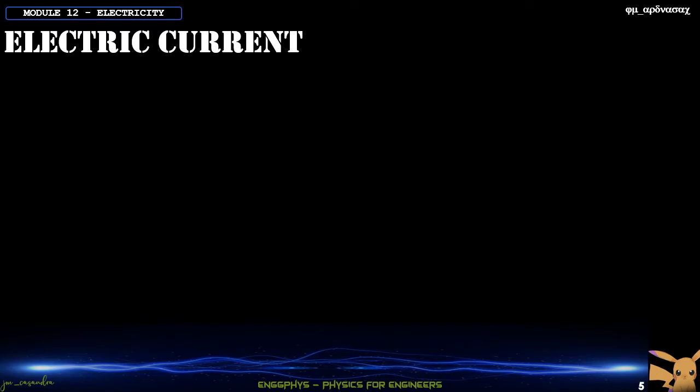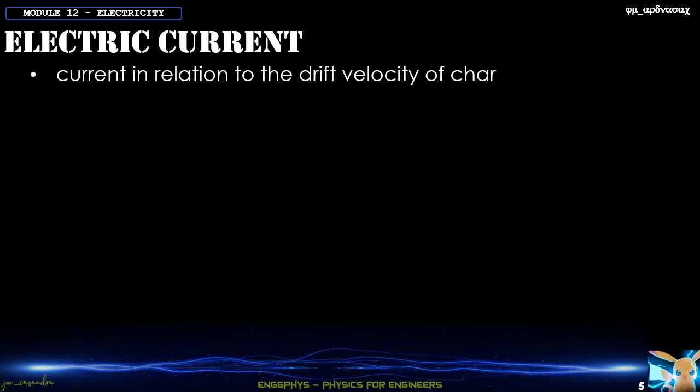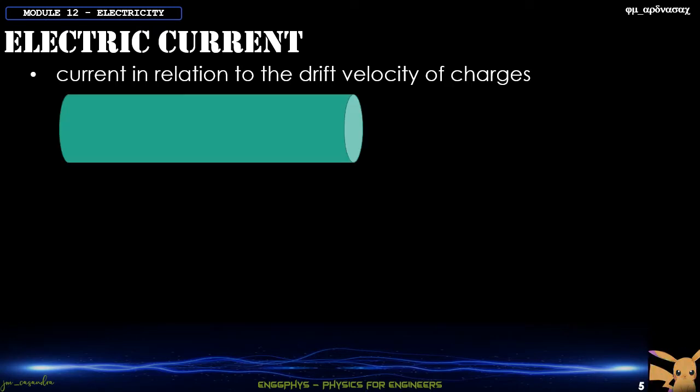Another definition of electric current is in relation to the drift velocity of the charges, how fast the charges move in a conductor. If we have here a segment of our conductor, electrons flow from negative to positive.